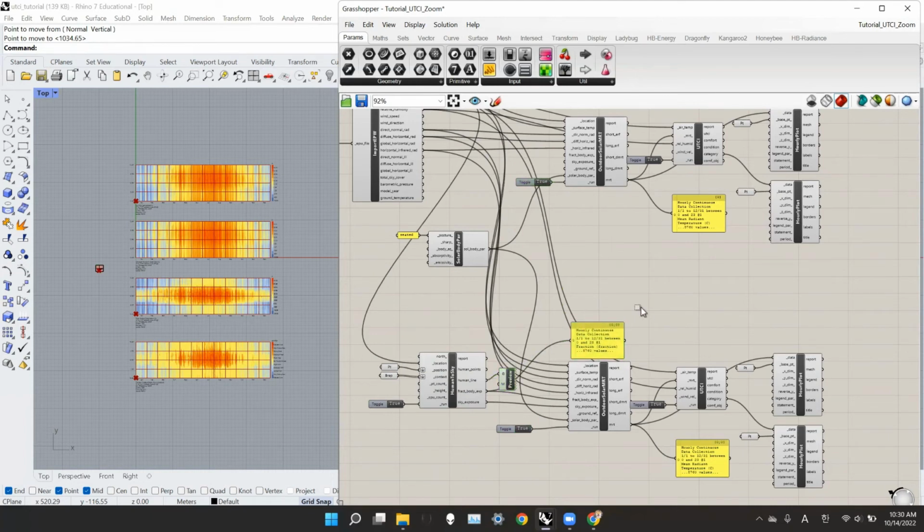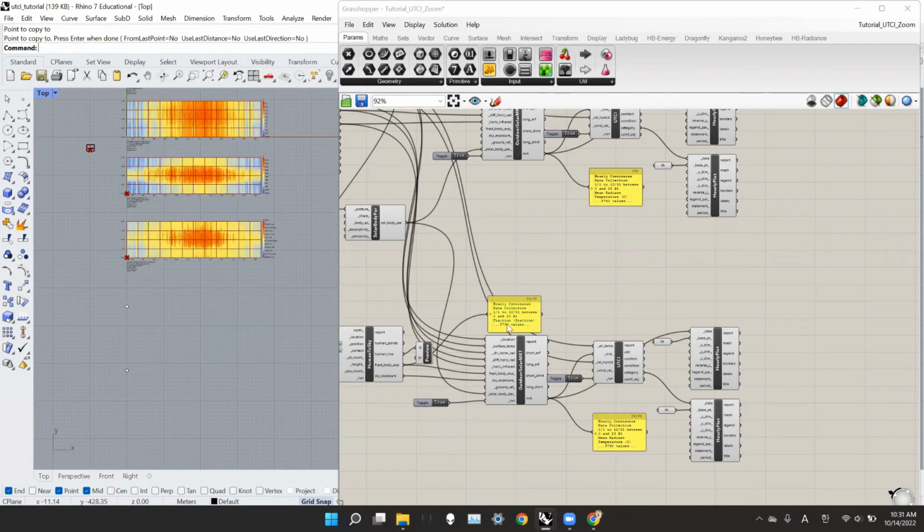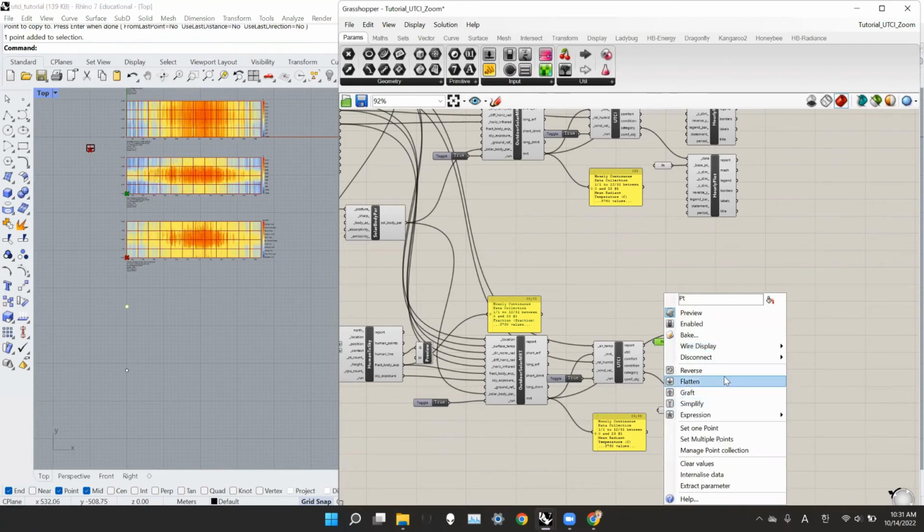So, I need more points. Copy. And points here.